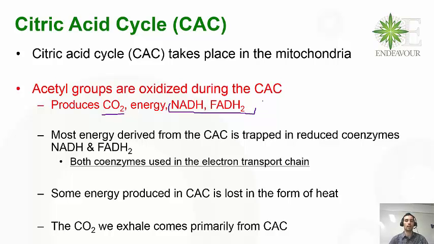So why is it that NADH and FADH2 are important products of the citric acid cycle? Are these the electron-rich or electron-poor versions? Remember, these ones are the electron and hydrogen-rich versions that can be taken to the electron transport chain.